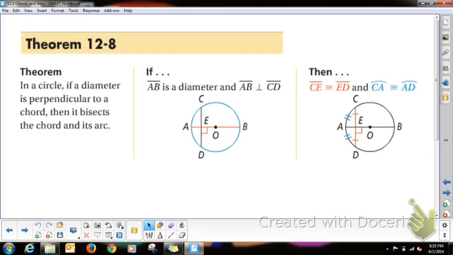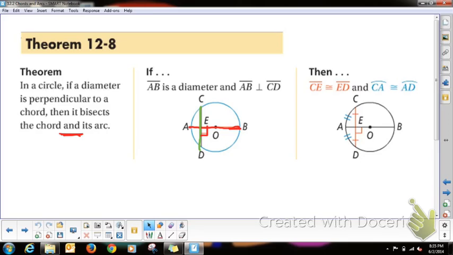In a circle, if a diameter, so remember a diameter is a segment that goes from one side through the center point to the other side, is perpendicular to a chord, so in this case CD is the chord and AB is the diameter that's perpendicular to the chord, then it bisects the chord and its arc.